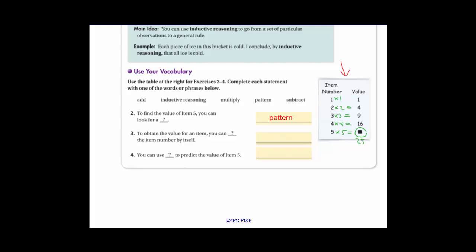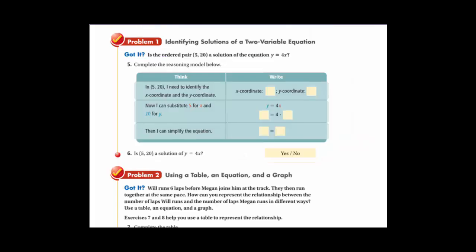Now, the question didn't ask us for that missing number. It said to obtain the value for an item, you can blank the item number by itself. Well, we can multiply it by itself. So multiply is the missing word. And what was the concept we used to get that? Well, that's inductive reasoning. Question 4, you can use inductive reasoning to predict the value of item number 5.